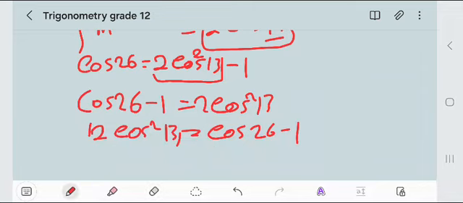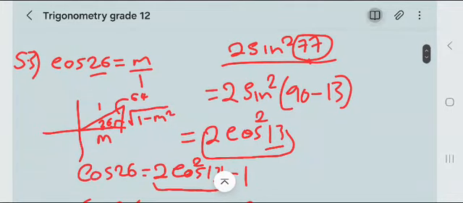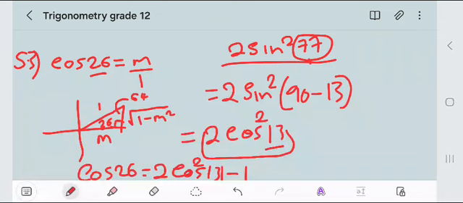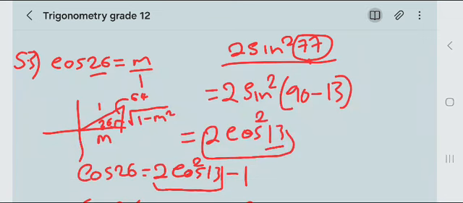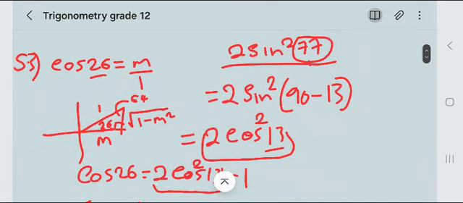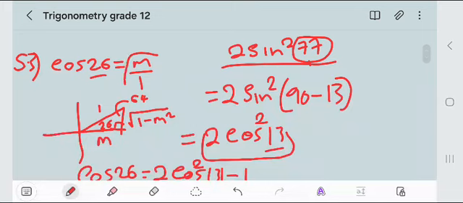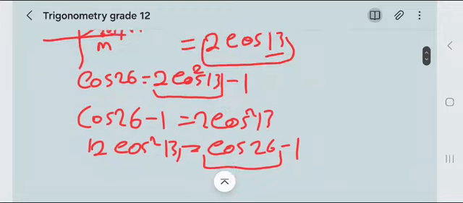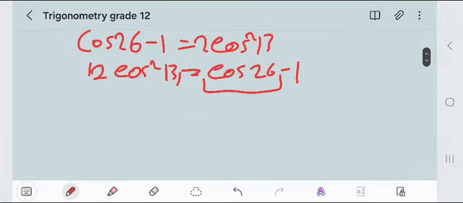Now we have cos 26. What is cos 26? Even from the question, cos 26 is m. Over 1 is simply m. So this is simply equal to m plus 1.